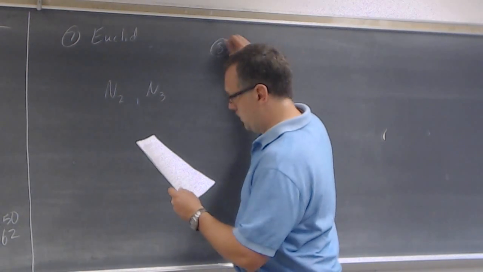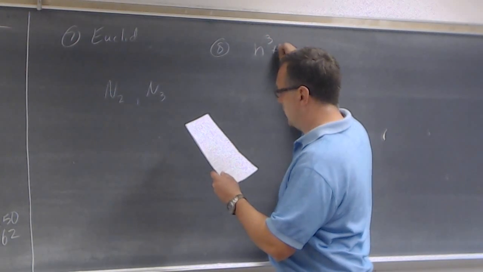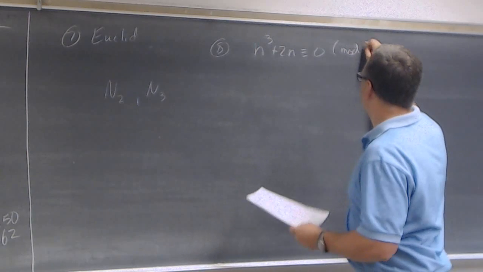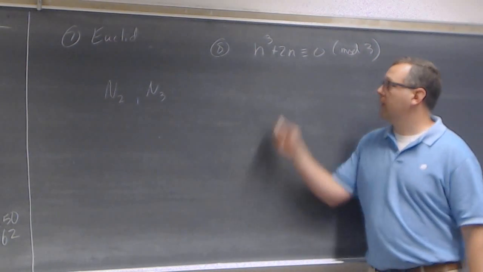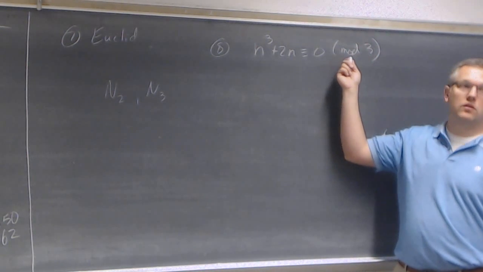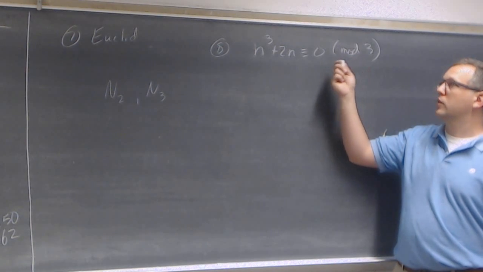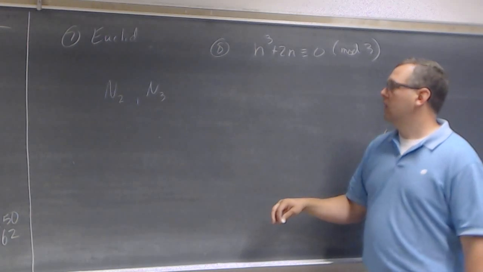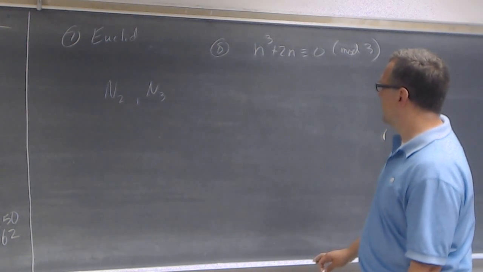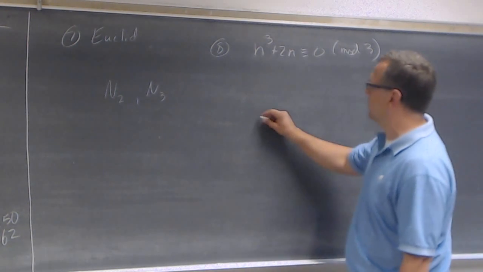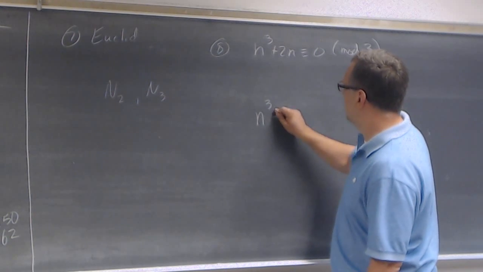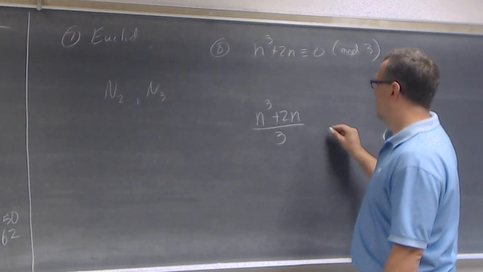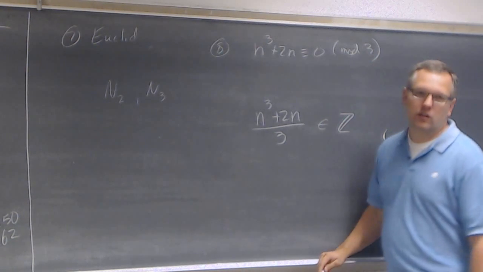For number 8, n cubed plus 2n congruent to 0 mod 3, all you have to do is check a complete residue system mod 3. You can plug in 0, 1, and 2 for n and show that it's always true. If I was in a discrete math class, I might say: n cubed plus 2n divided by 3, prove this is always an integer.